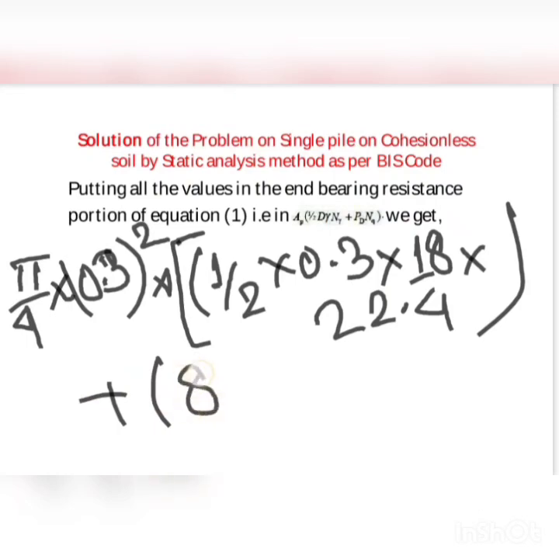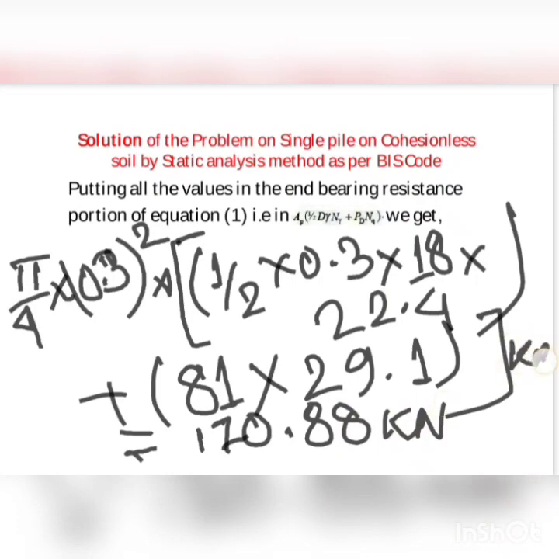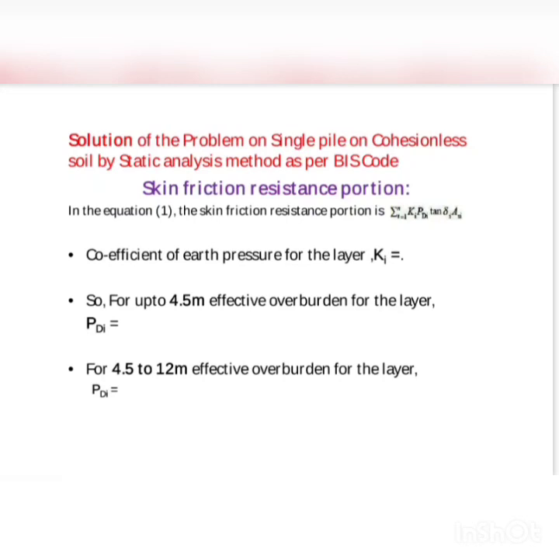I told you at the pile tip the effective stress is 81 kilonewton per meter square, and NQ, the value we already have found out, is 29.1. Bracket close. Now if you solve this, you will find that the overall value is 170.88 kilonewton. So for the end bearing resistance portion, this value 170.88 kilonewton we have found out. Now we will go to the skin friction portion.